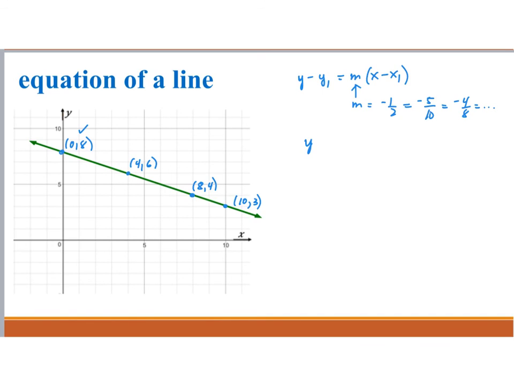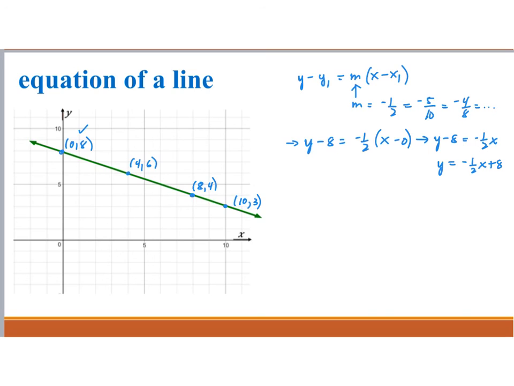Using 0, 8, the equation would be y minus 8 is equal to negative 1/2 x minus 0, which you could just write as y minus 8 is equal to negative 1/2 x. But if you simplify this, you will end up with the same equation that we got earlier, which is negative 1/2 x plus 8.